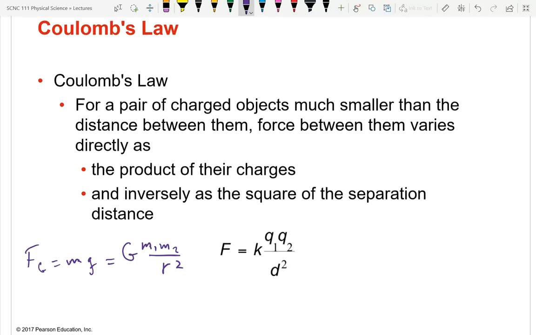Can you say that again? If you double the separation between two charges, you'll have 1/4 of the force. If you triple it, you'd have 1 over 3 squared. What's 1 over 3 squared? 1/9. So if you triple the distance between charges, you'd have 1/9 the force. So the force drops off quickly as they move away.